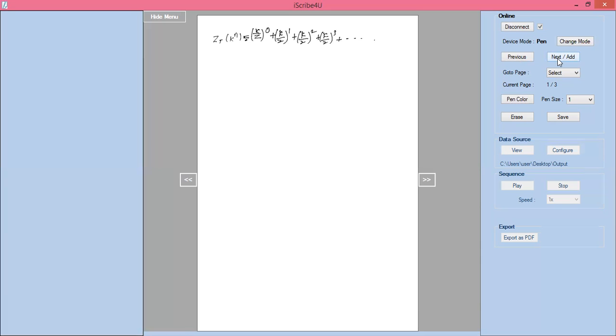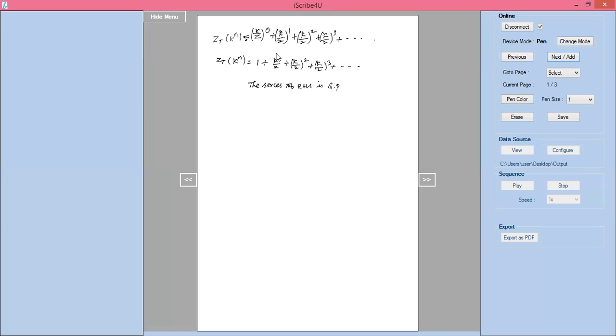So z transform of k power n equals 1 plus k by z plus k by z whole square plus k by z whole cube plus and so on. The series on the RHS is in GP.